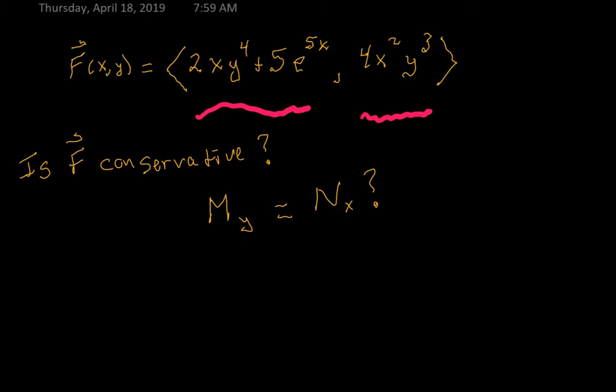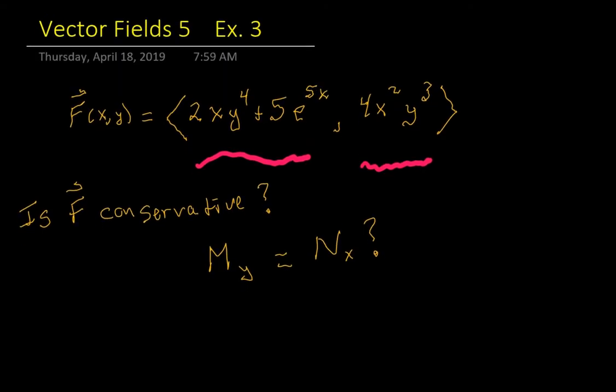And just a quick little reminder so that you don't get overly lost here. This vector field that you see up above, the first component here, that's your M. That's the first component.